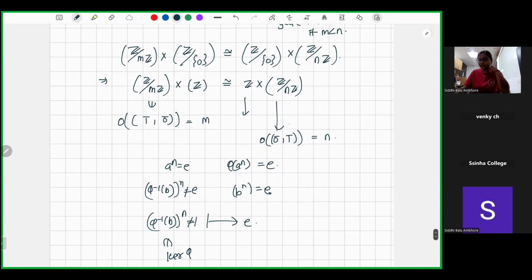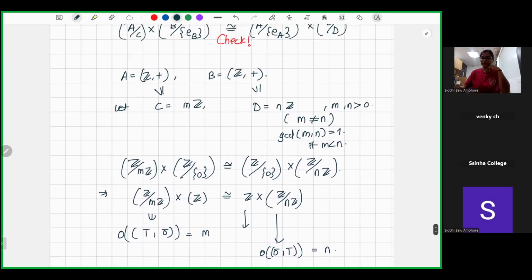And here every element has order n or some. I mean, it could also have some element of order m. Let us take primes. M and n won't work here.